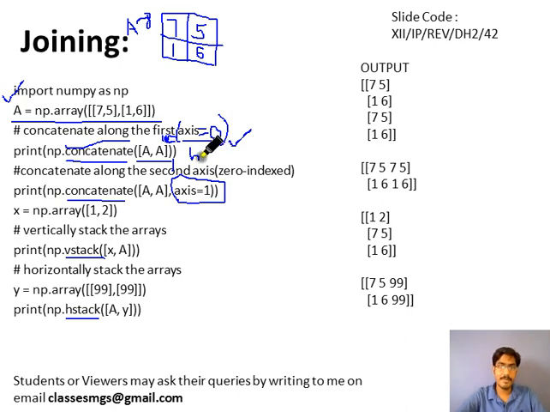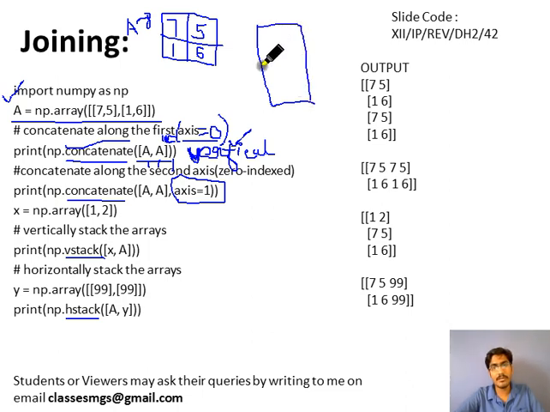Okay, so if we pass axis equal to 0, then which kind of joining will it perform? It will perform the vertical join. So A array and A array both will be vertically joined. So the same array will be joined vertically. So what will be the output? Array A will be joined vertically.